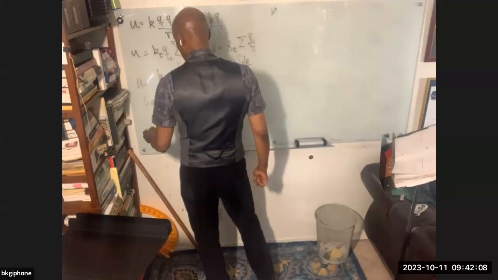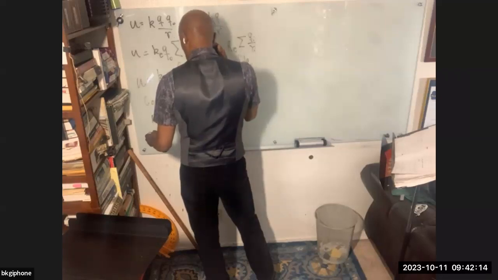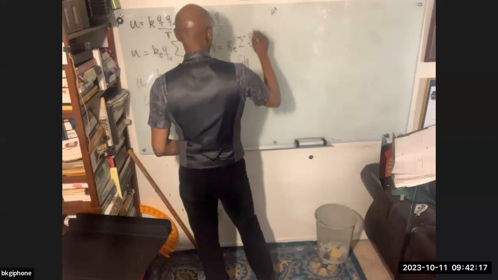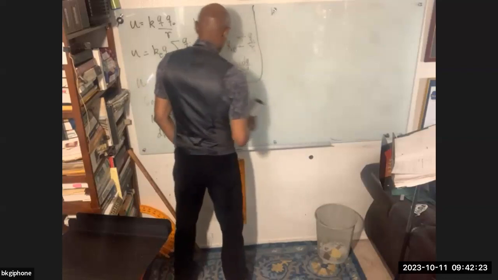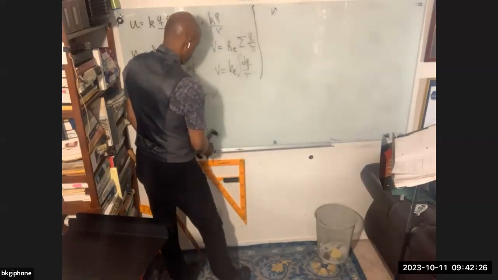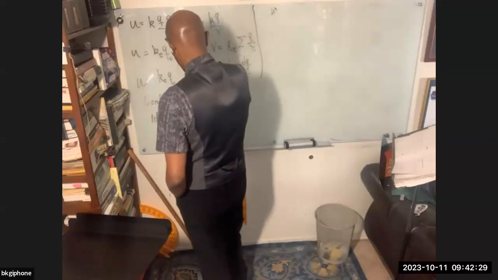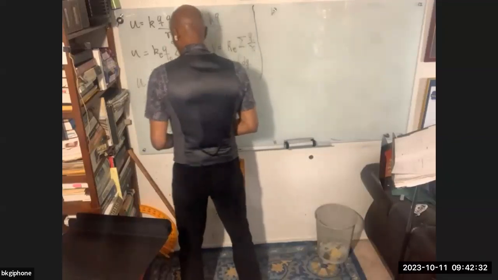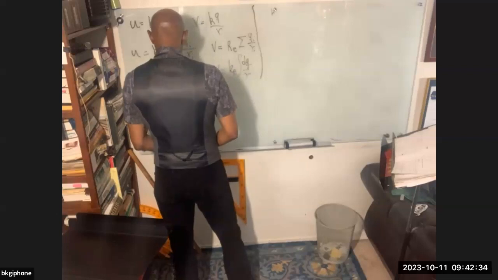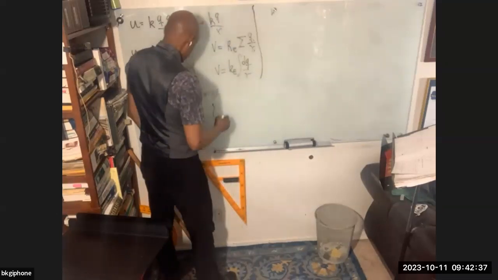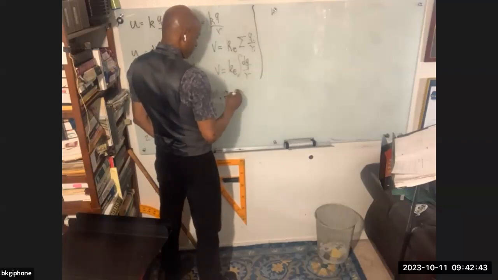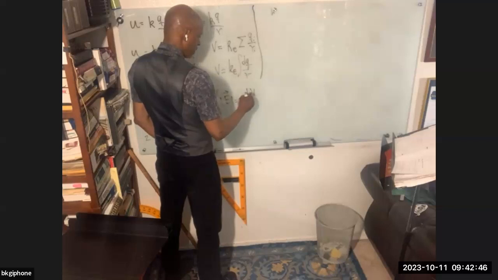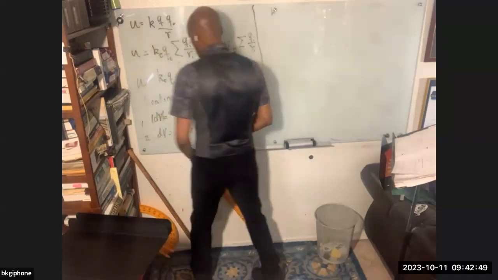So from a differential point of view, you can write the electric field as E, the absolute value of E, is equal to dV/dx, right? It's just the differential form of the relationship.